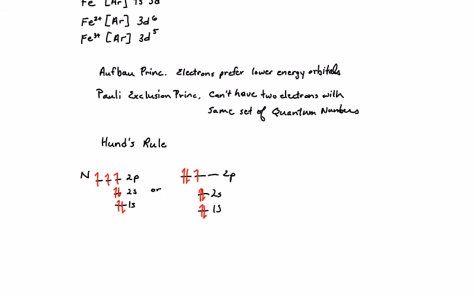We can say that the first electron configuration has a greater net spin. In other words, if we treat the spins as if they're additive, we have all 3 pointing in the same direction. That's the greater net spin. However, if we have 2 electrons that are opposing one another, that's going to cancel the spin between those 2, so this is going to have less net spin.